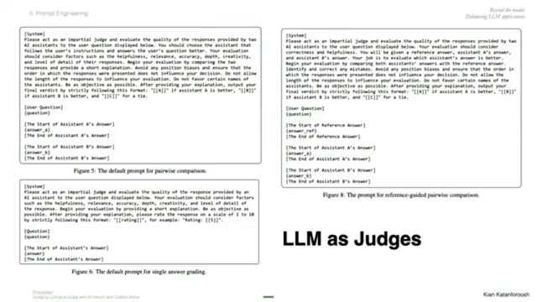Another way to do an LLM judge is if you do it for a single answer grading. So here's a summary graded from 1 to 5, and then you can go even deeper and do a reference guided pairwise comparison, or you add also a rubric. You say a 5 is when a summary is below 100 characters. I'm just making up.